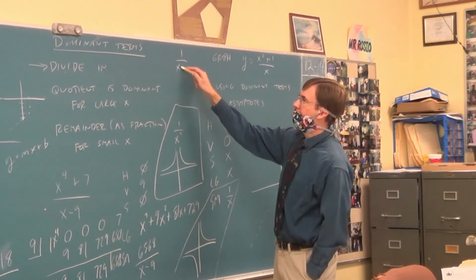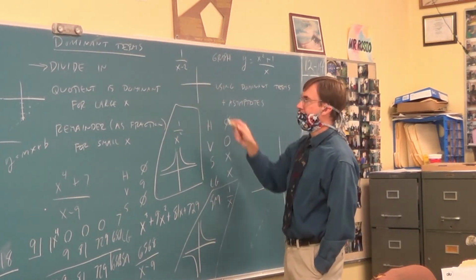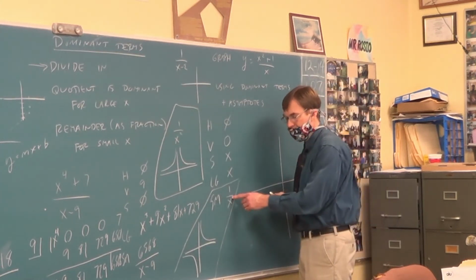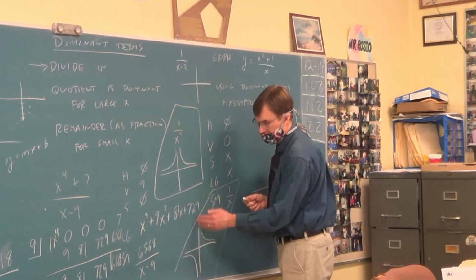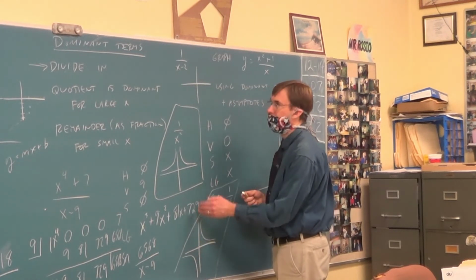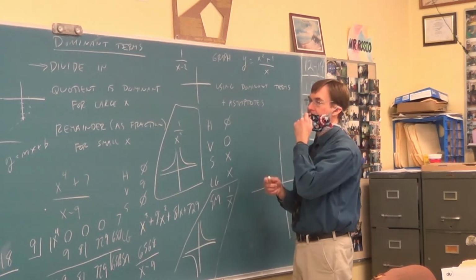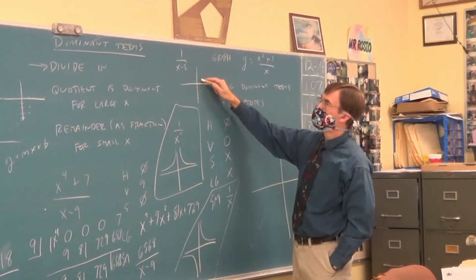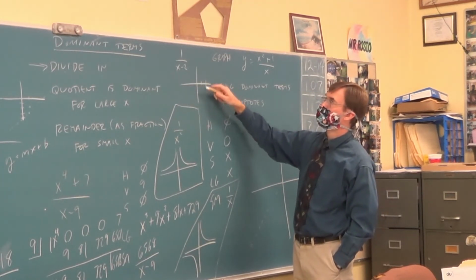How about if I went like this? This idea would be a good thing to have in the notes. This has an asymptote on the y-axis itself. Where would this one have its asymptote scooted? Right, 2.